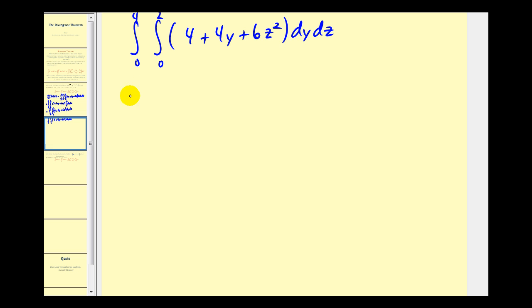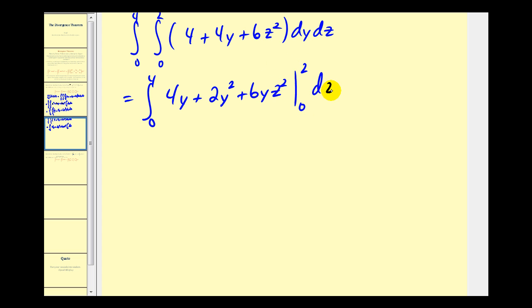Integrated with respect to y is going to give us 4y plus 4 times y squared over 2, that'll be 2y squared. Here we'll have plus 6yz squared. And now we're going to replace y with 2 and then y with 0.